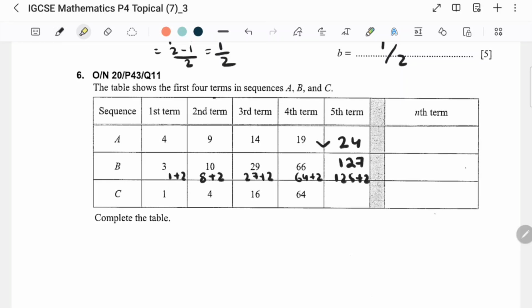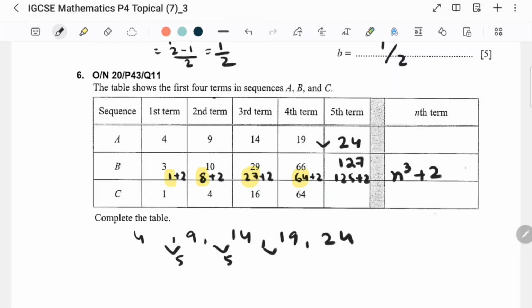What are these numbers? They are cube numbers: 1, 8, 27 and 64, so they are n cubed plus 2. For the nth term of the first one, you know the difference is 5.